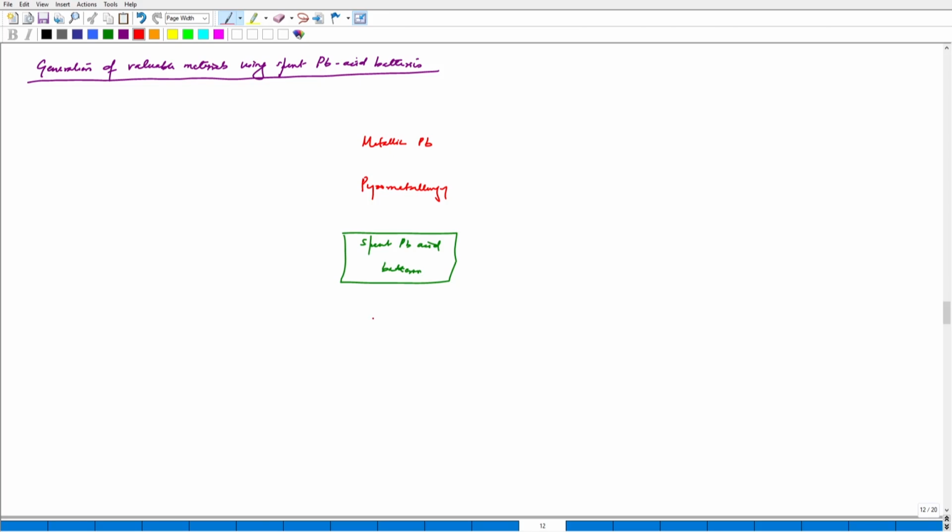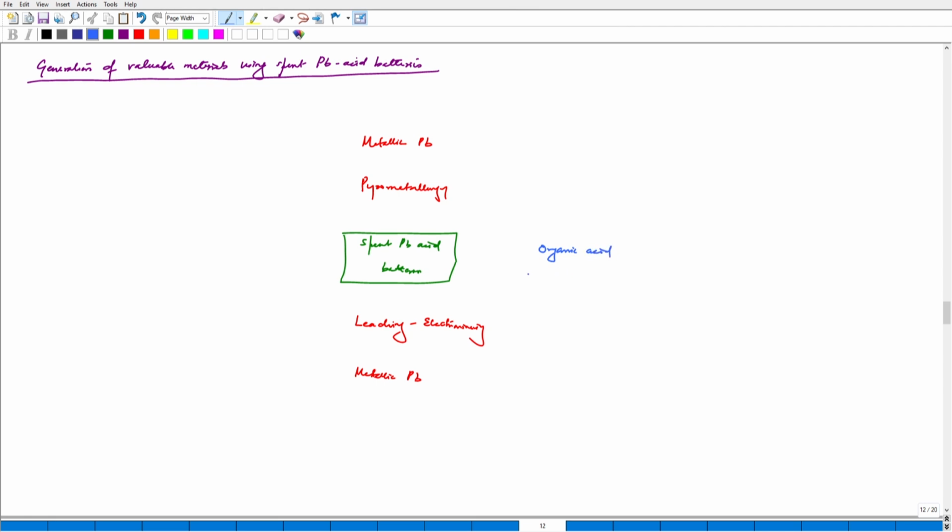Similarly, if we go for leaching, which is hydrometallurgy, and then electrowinning, leaching and electrowinning will give us metallic lead.